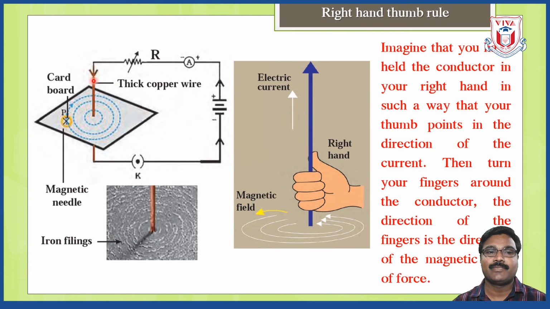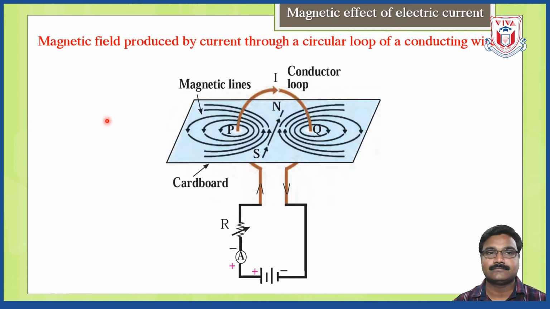In this case the direction is downward, and if we hold this conductor in such a way that this thumb will show downward direction, then obviously the fingers will show this direction, that is clockwise direction. And by using this right hand thumb rule we can find the direction of magnetic field.